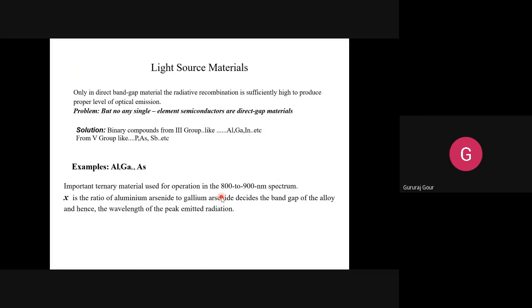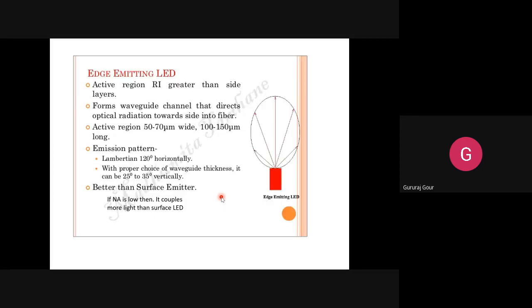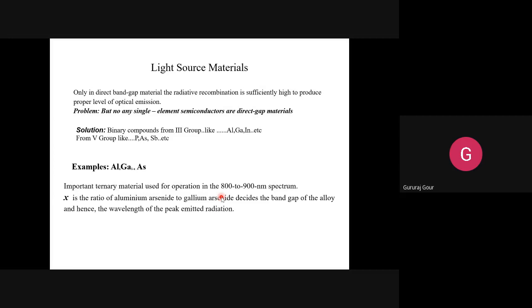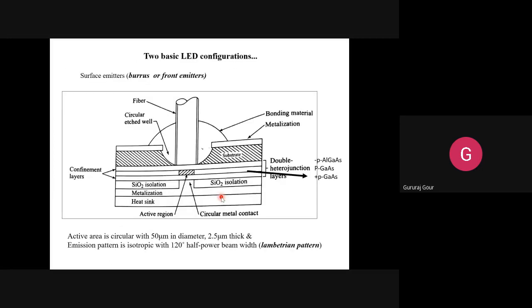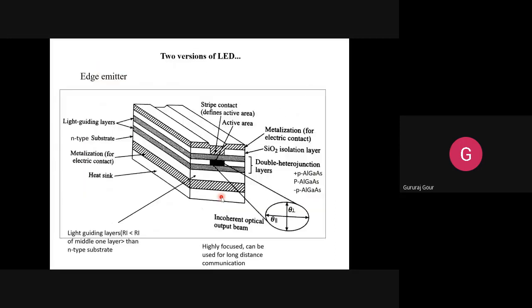So guys, this is all about two variations of the LED structures. We started with gallium aluminum arsenide, which we discussed in detail. Then we discussed the two variations of the LED structures: surface LED and edge emitter or edge LED.